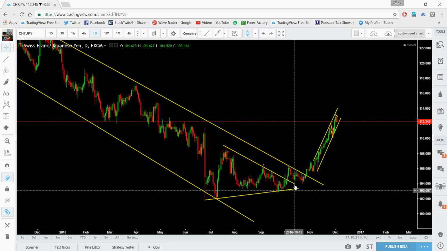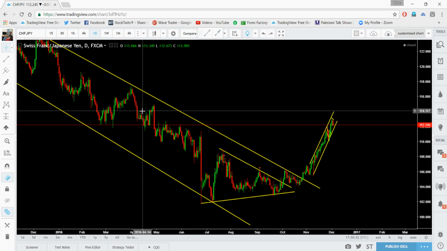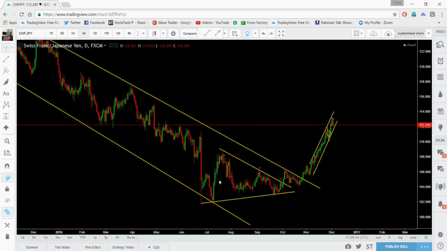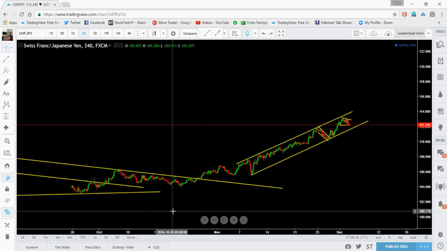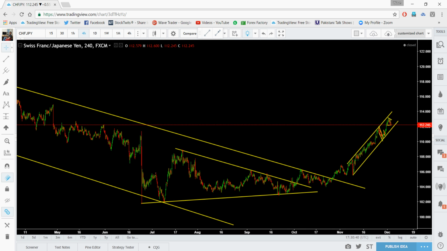Something like a triangle. Impulse and triangle formed here. We were watching this impulse starting point, and if price does not close above, then we're going to look for short.